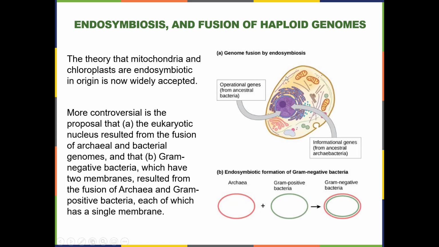Some of the evidence for this is that mitochondria have bacterial ribosomes inside of them, whereas outside of a mitochondrion, you would find eukaryotic ribosomes within the cytosol of the cell. Chloroplasts have bacterial ribosomes inside of them. And also, mitochondria and chloroplasts have their own chromosome that looks very much like a bacterial chromosome.